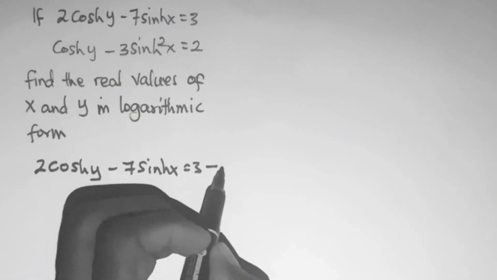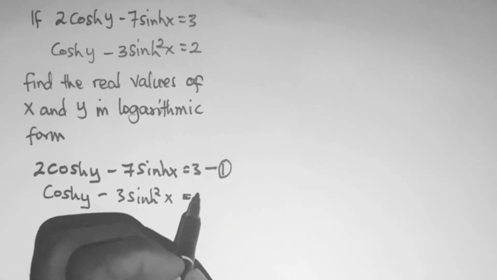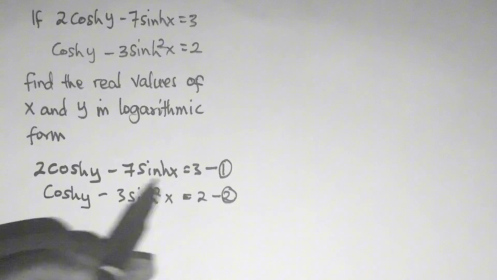Let's label this as our equation 1. And we also have cos y minus 3 sinh squared x equals 2. Let's label this as equation 2.